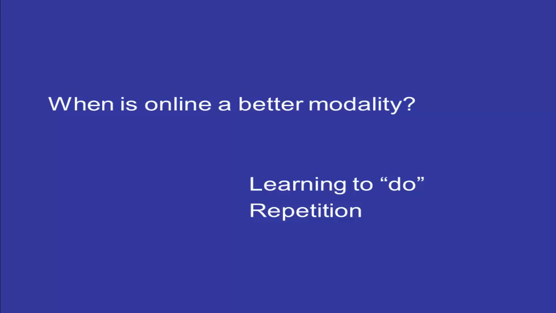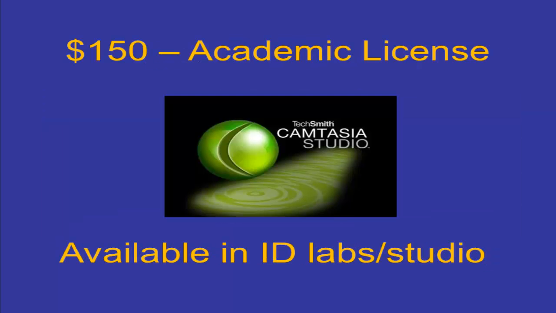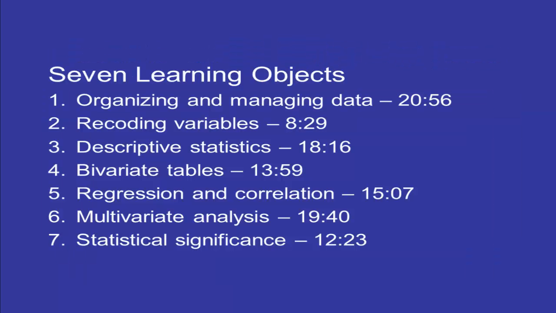Yeah. And I think for that purpose, it's really helpful to make them smaller chunks. If I go back here to the list, I might say in the bivariate tables, which runs 14 minutes, here's how you run a crosstabs command. That probably takes 2 minutes.